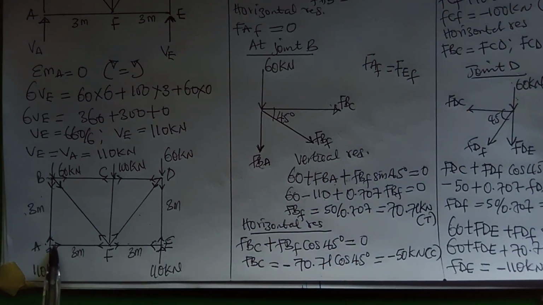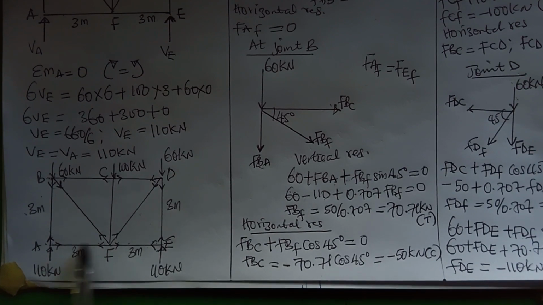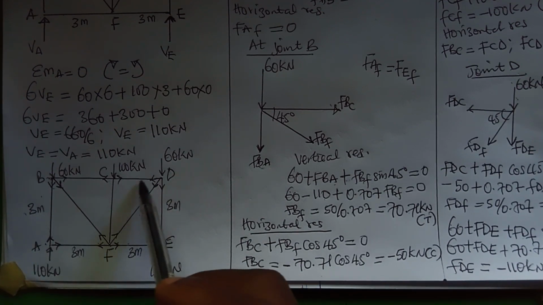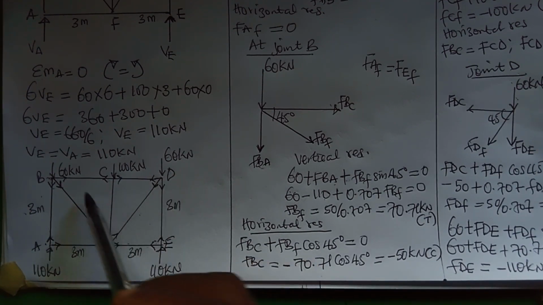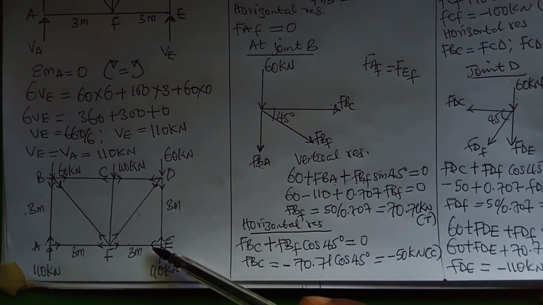It's symmetrically loaded, so this member and this member will be the same thing. There's no need resolving this one again. Even if you look at this, you see that everything we have here is the same as what we got from the calculation. So let's take advantage of the symmetrical arrangement and forget about joint E. But if you want to solve joint E, you can also do that on your own and see if you have exactly the same answer.